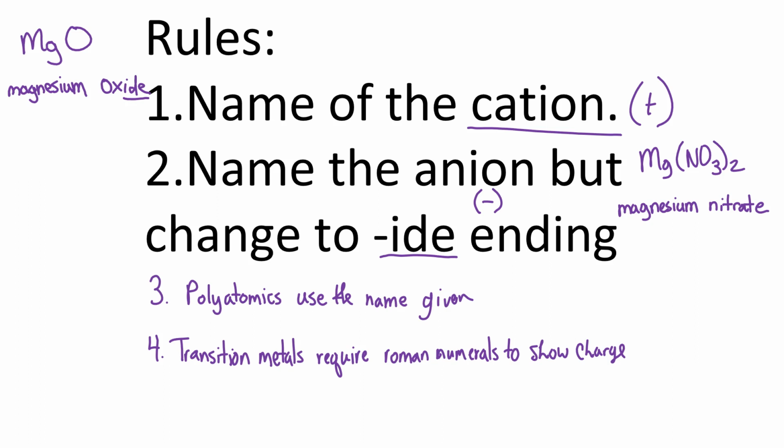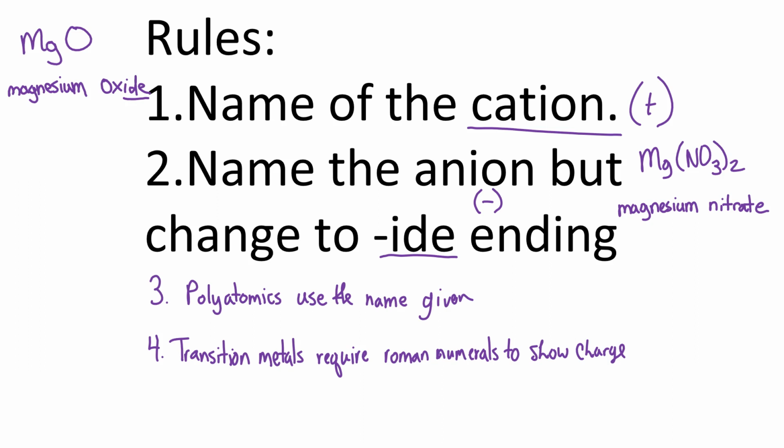And then the last scenario is what happens if it's a transition metal or a multivalent charge. So whenever I'm talking about transition metals, I'm talking about this group of things here, and Sn, Sb, Pb, and Bi. Those are all going to be considered transition metals. Those, we don't know the charge.